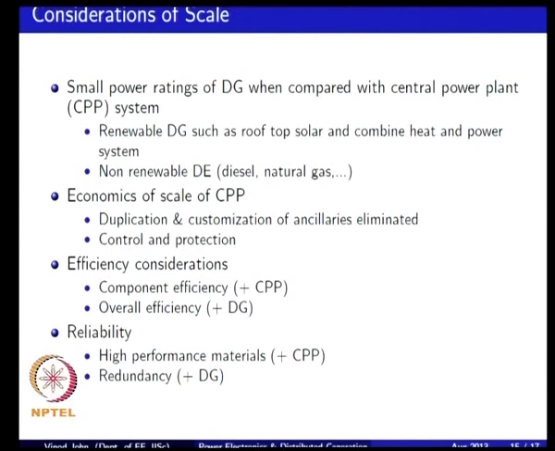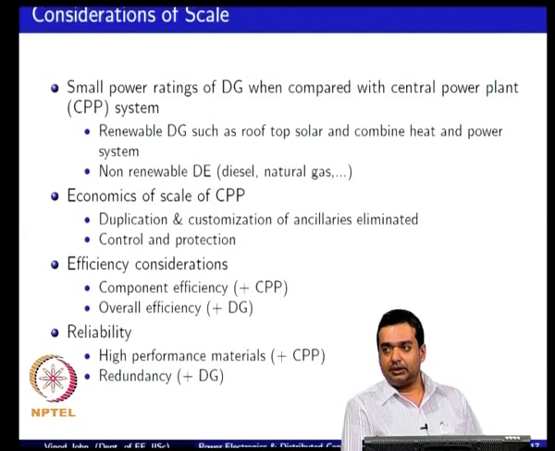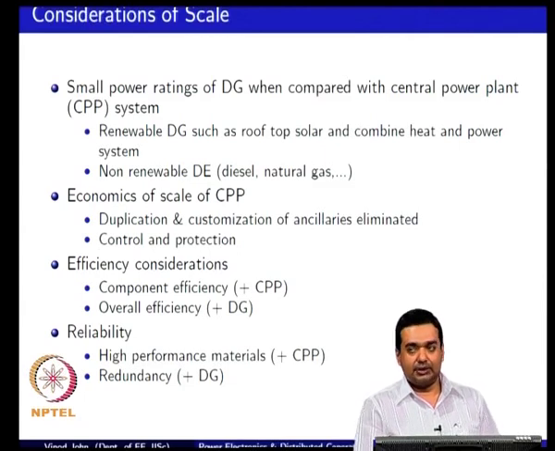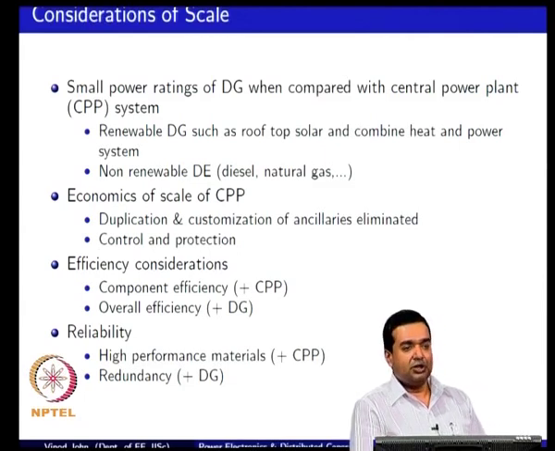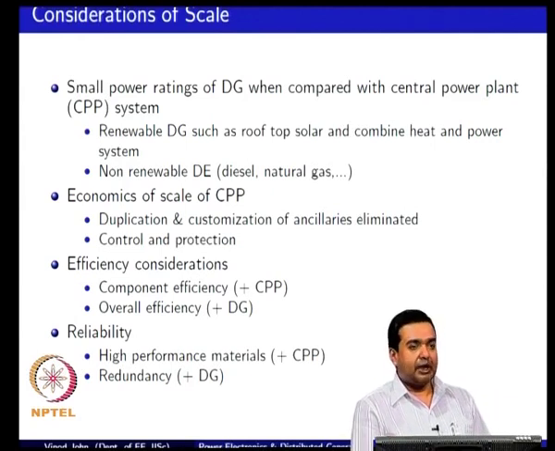So we looked at it from an efficiency and reliability perspective. If you look at the typical upfront cost perspective, scale actually favors the centralized power plant, where you have larger ratings, whereas the DG unit has smaller ratings. So you have benefits of efficiency and economies of scale up to some extent.